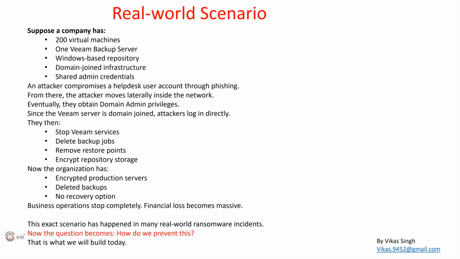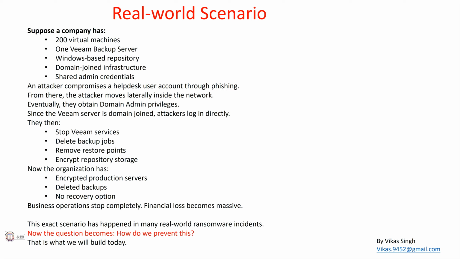Since the Veeam server is a domain-joined machine, the attacker logs in directly to the Veeam server. Now they stop Veeam services, delete backups, remove restore points, and encrypt backup storage. At this point, production servers are encrypted, backups are deleted, and no recovery path exists in the infrastructure.